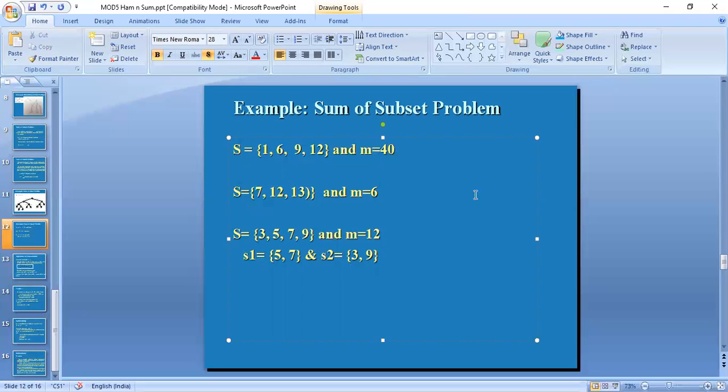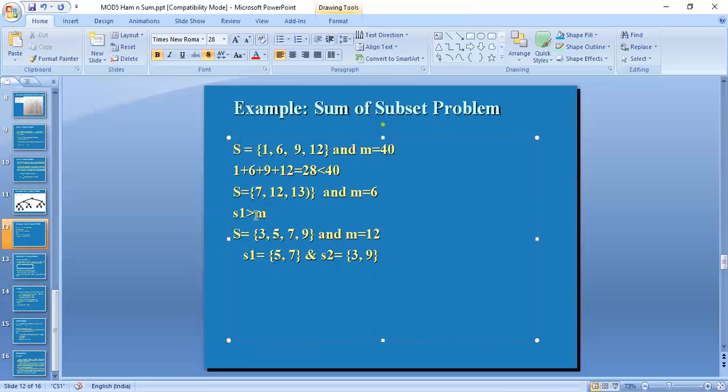So here, if you take the sum of all the values, 1 plus 6 plus 9 plus 12 is equal to 28, and 28 is less than 40. The sum of all the integers is less than 40. Now here, the first value S1 itself is greater than m.